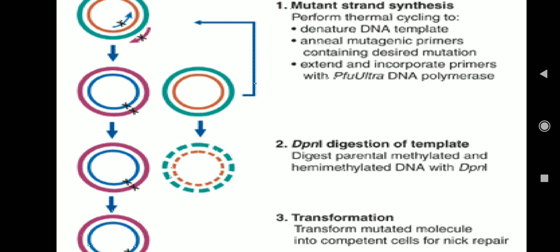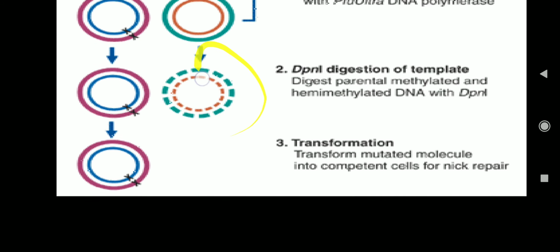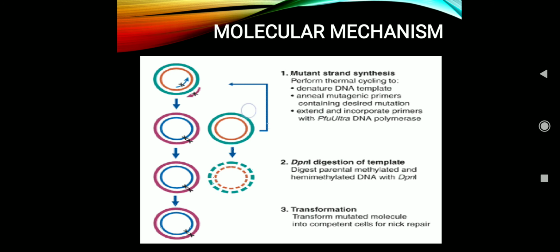After amplification, as I told you, we get two DNA. One is our parental DNA or the template DNA. The other one is the mutated DNA. Using our primers, we have mutated this DNA.